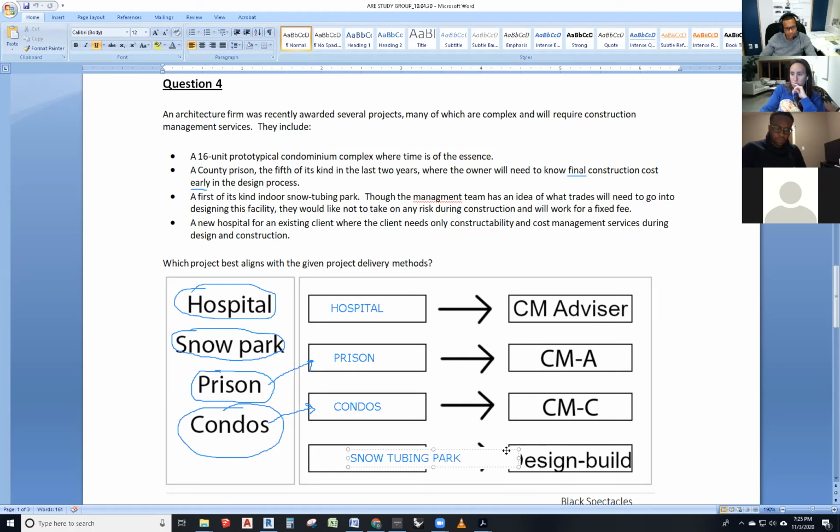Miranda, what are you thinking? Okay, condos, time is of the essence. Okay, I'm just guessing. I would go with design build. Design build for condos? Yeah.